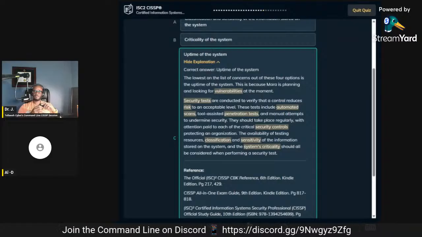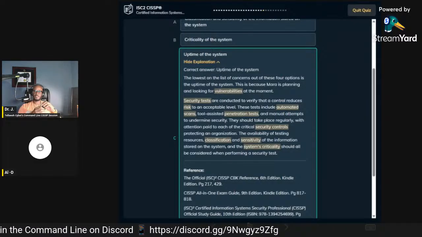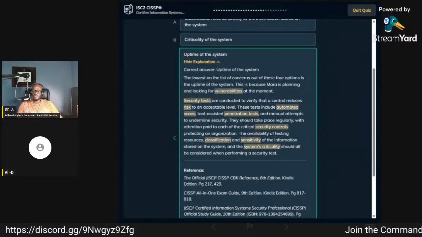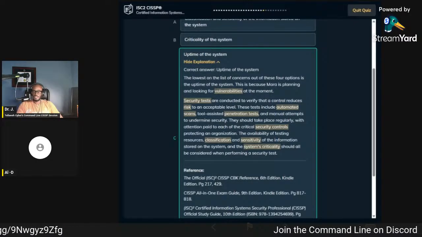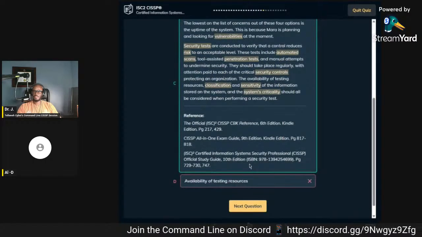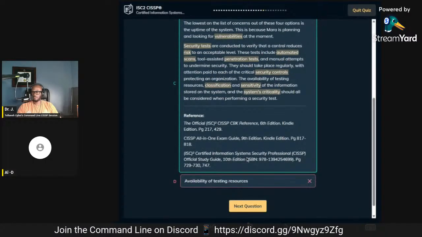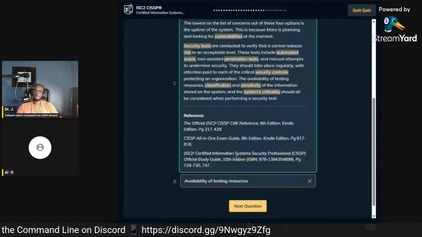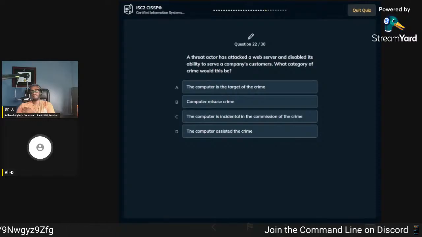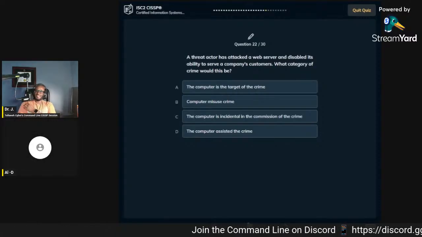They should take place regularly with attention paid to each of the critical security controls protecting an organization. The availability of testing resources, classification and sensitivity of the information stored in the system, and the system's criticality should all be considered when performing a security test. Wow. We were on the right path. We just didn't know which way to go. Yeah.